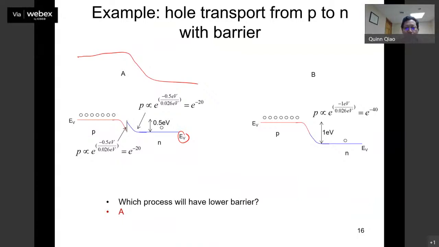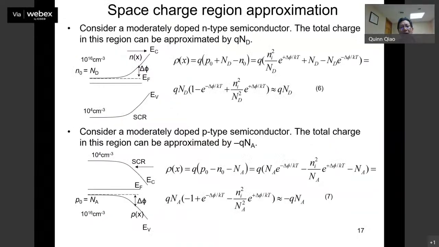If there's no such thing there, the barrier is 1 eV, so it's more difficult for the hole to go from P to N. Now, since you push this up by 0.5, the barrier is now 0.5 eV compared to 1 before. So it's easier to go from P to N, okay? That basically reduces the whole transport resistance, or whole transport impedance, okay? That's about that.